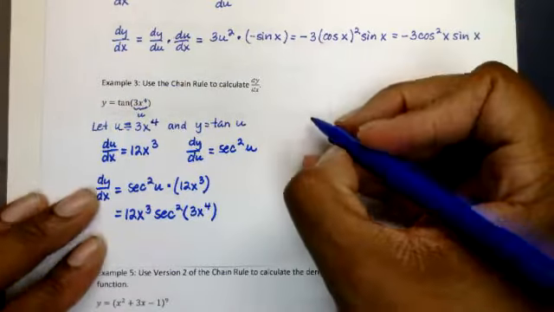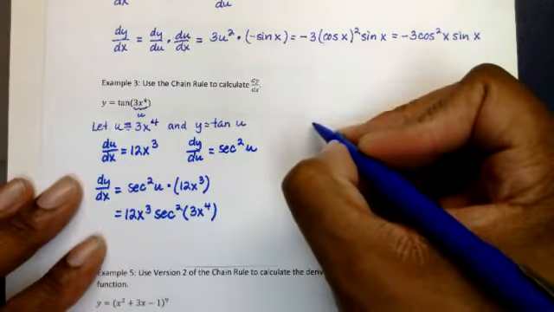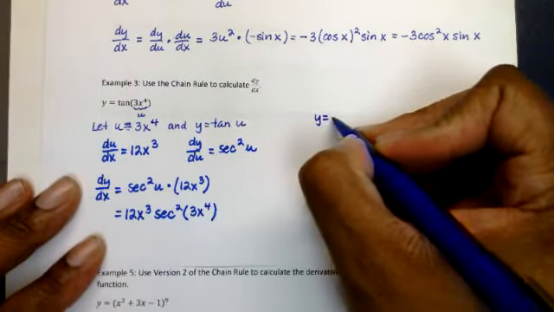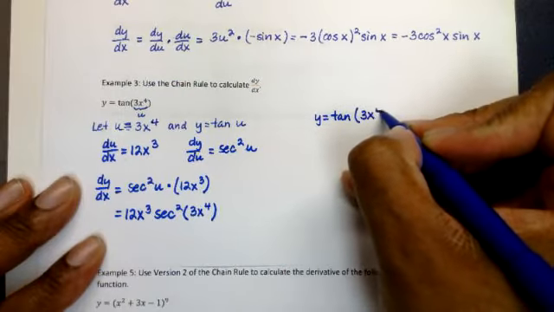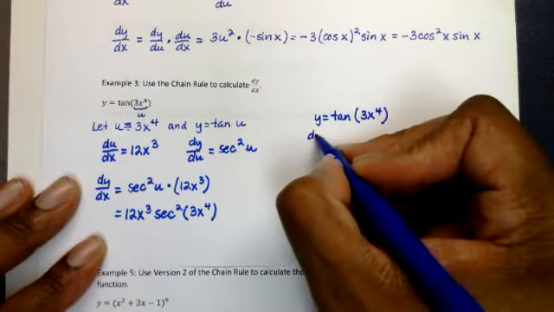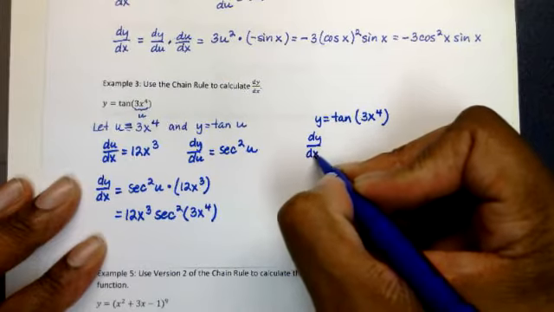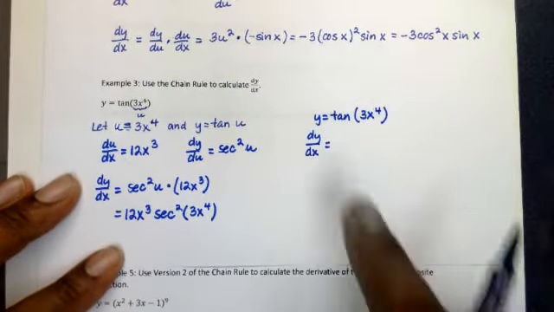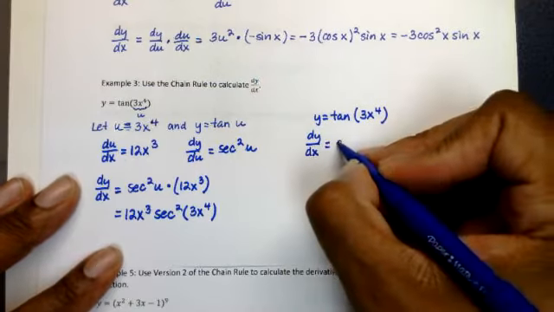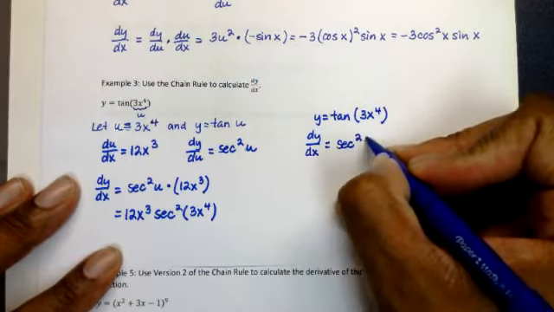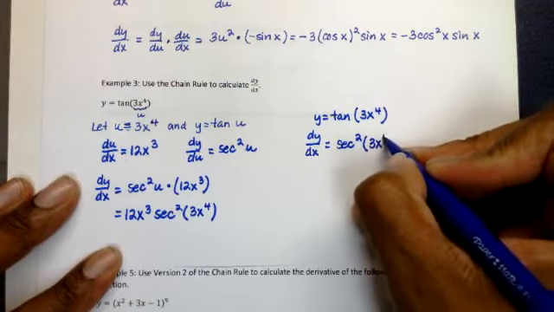Now, if I used version 2, this is what I would do here. Take the derivative of the tangent, which is of course secant squared of 3x to the 4th.